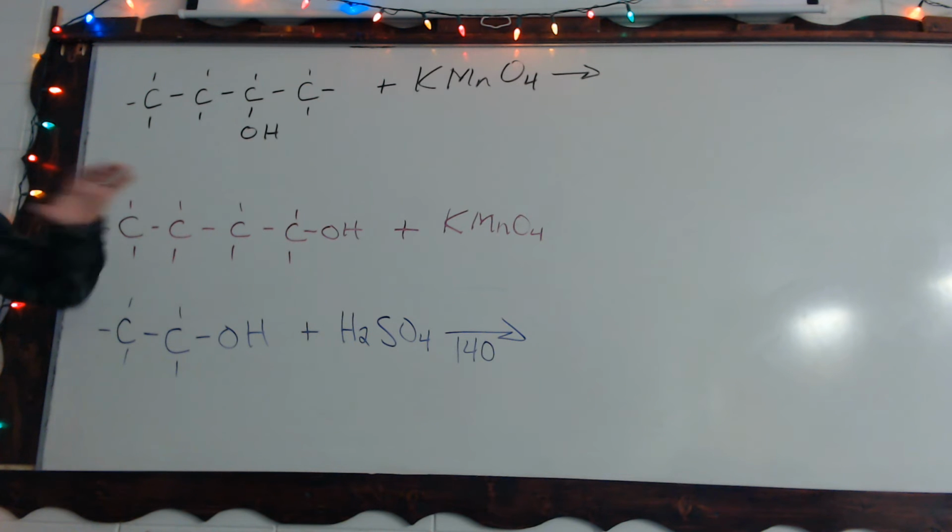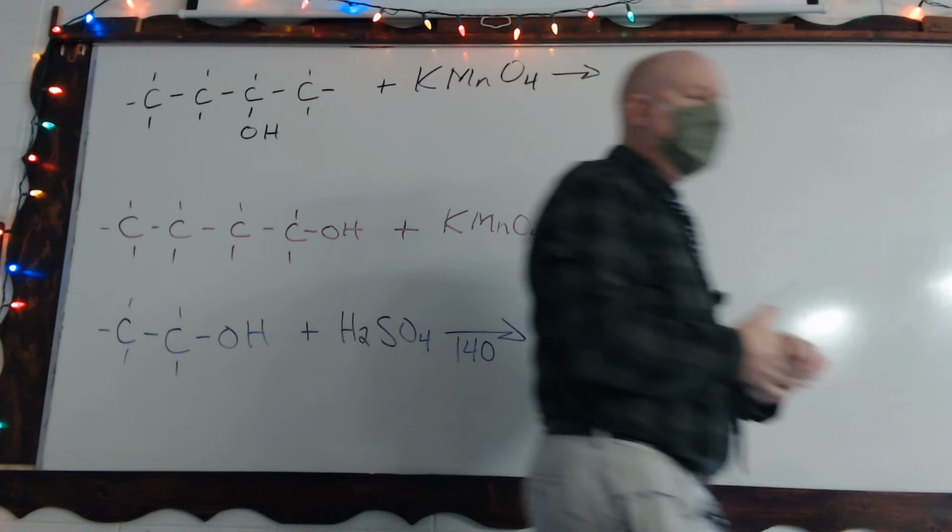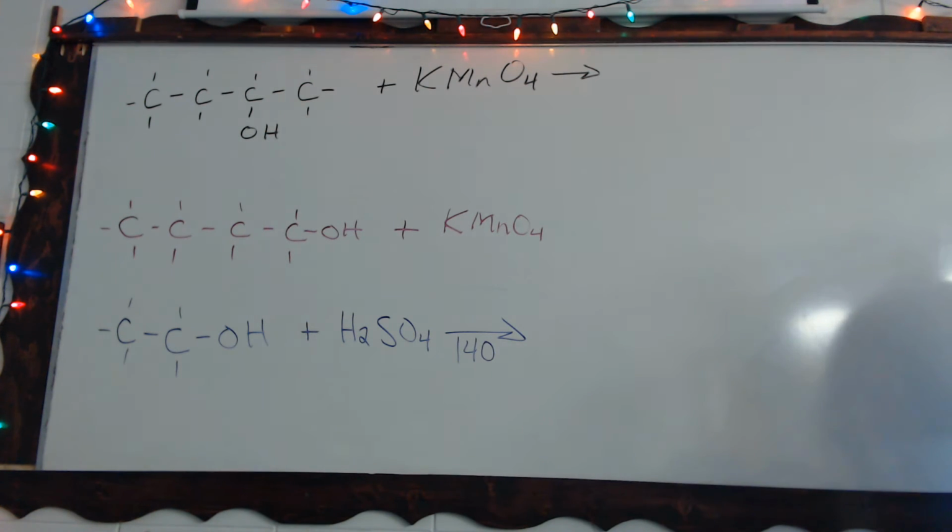Not just the name, but what's probably the most important. Exactly. So what you want to be doing is looking on your chart somewhere where it's going to say something along the lines of primary alcohols, secondary.